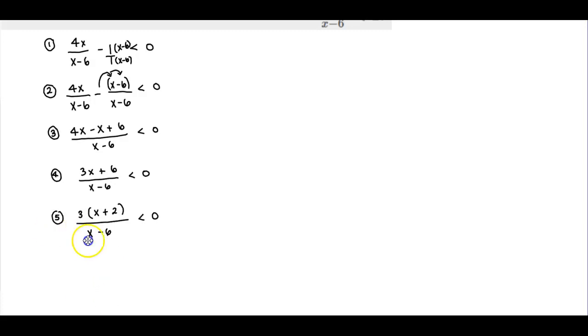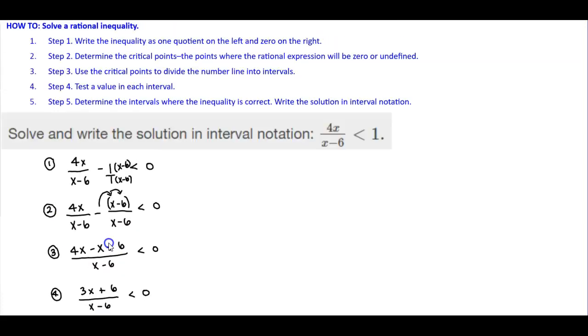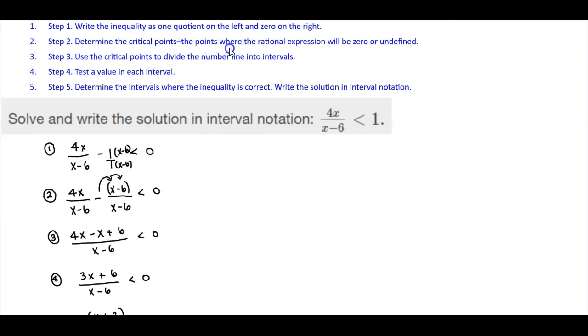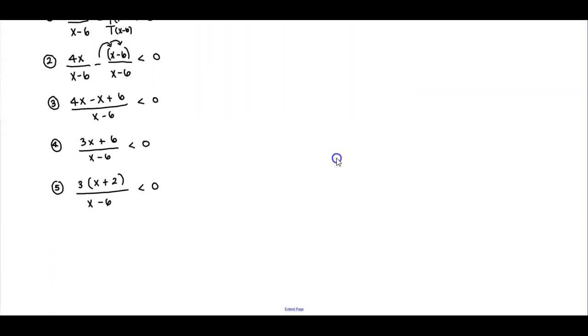Now that we've done that, we need to go to step 2. We need to determine the critical points, the points where the rational expression will be 0 or undefined. To find the critical points, we look at the numerator, which is 3 times x plus 2, and set that equal to 0.